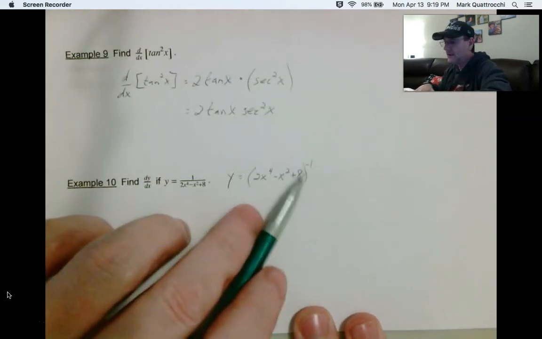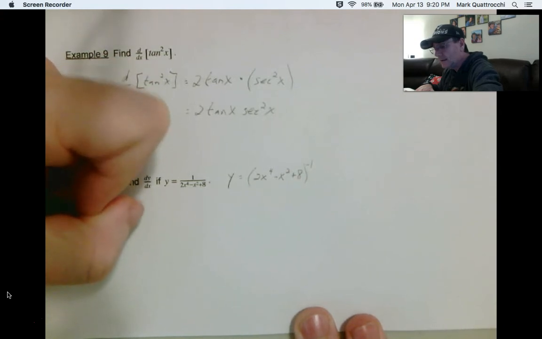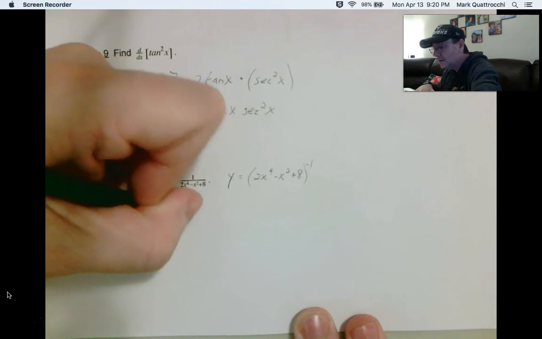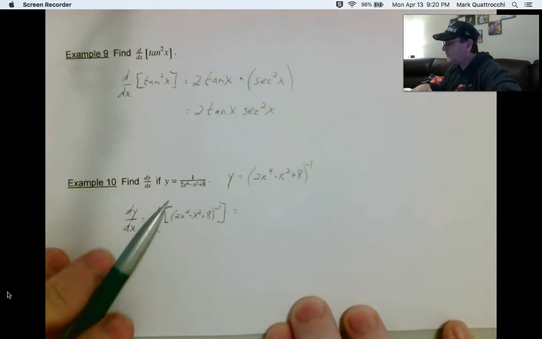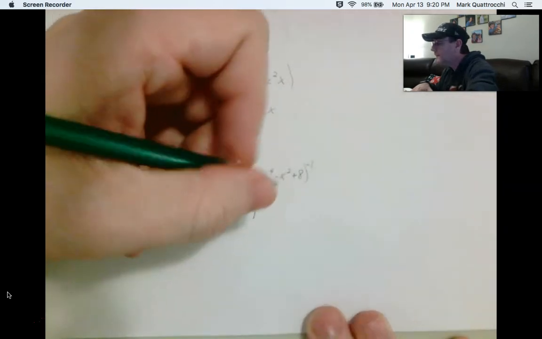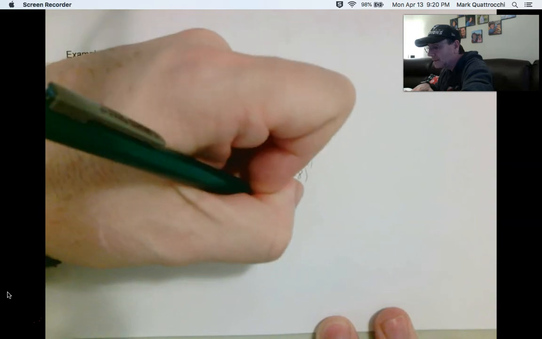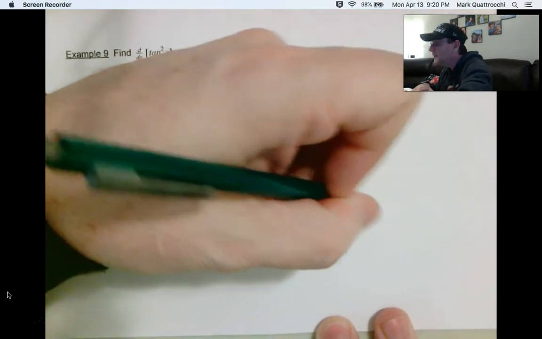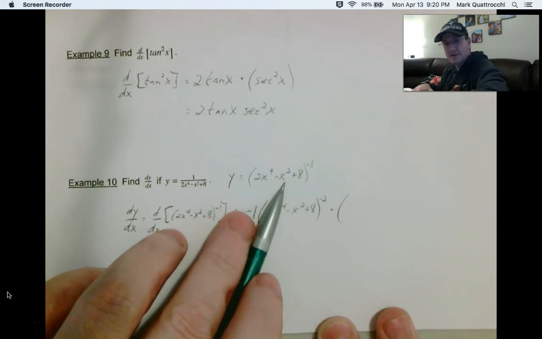We could turn this into the u function, but let's just do it in our heads at this point. dy/dx is equal to d/dx of 2x to the 4th minus x squared plus 8 to the negative 1 power, which is equal to, by the power rule, negative 1 comes down in front, times the inner function unchanged, 2x to the 4th minus x squared plus 8, subtract 1 so negative 2 power, times the derivative of the inner function, 8x cubed minus 2x.